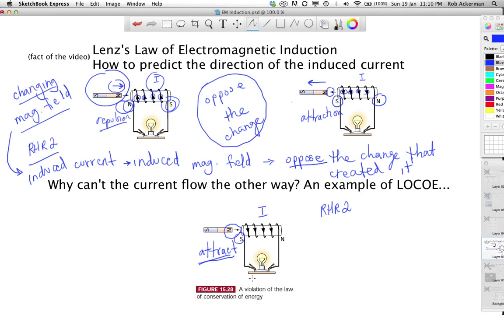In other words, for a little bit of input energy on our part, we would get a lot more output energy. We would actually violate the law of conservation of energy. This is why Lenz's law is the way it is. The induced magnetic field must oppose the change that's occurring to avoid violating the law of conservation of energy.